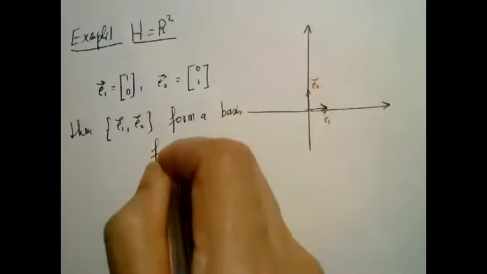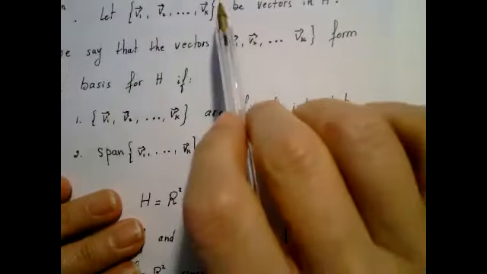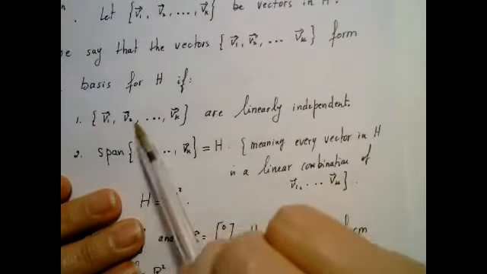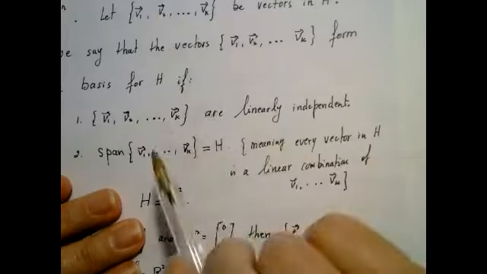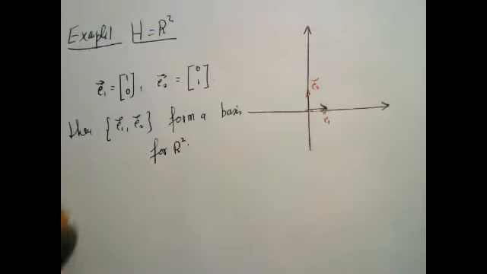Let us see what it means to form a basis. First, they have to be in R2, and they are. They have to be linearly independent, and they have to span R2. And the question is, do those two vectors have this property?